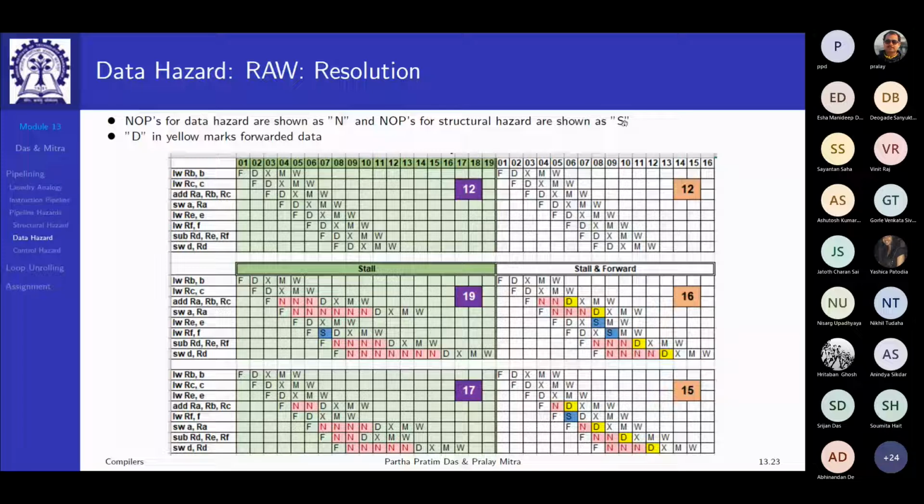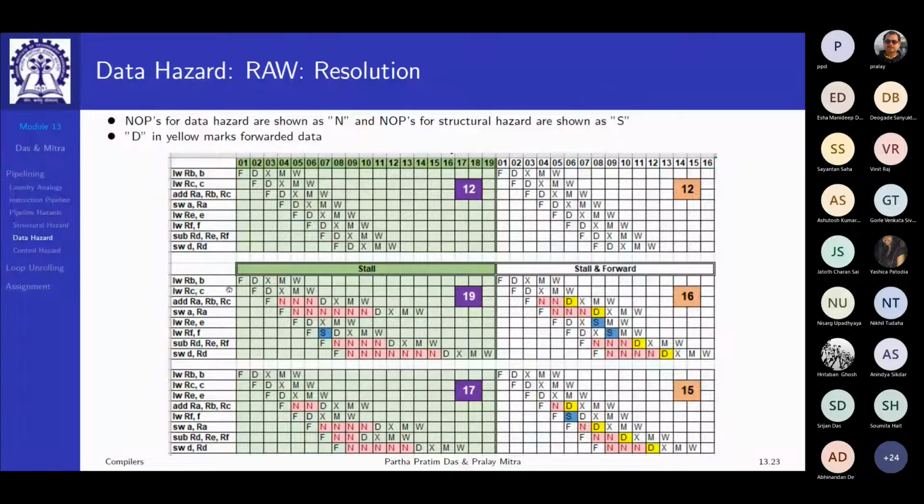So if you look at the left, the green column, this is scheduling with the stall. You can see the original schedule of these 8 instructions: if data hazards were not to be considered, then it can happen in 12 cycles, one after the other. This is simple to see, but we will have stalls. So let's see, if we just follow this order, what will happen.